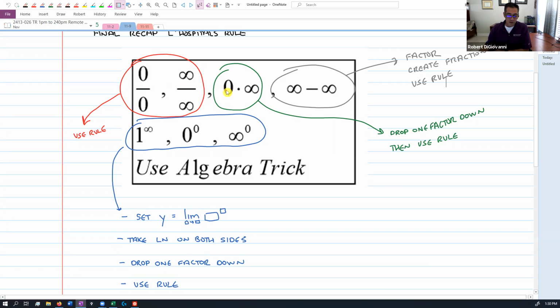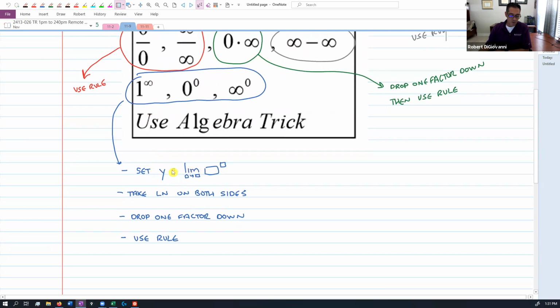Now, if we see 0 times infinity, that's the key to let us know to drop one of the factors down, then we use L'Hopital. Now, if we see 1 to the infinity or 0 to the 0 or infinity to the 0, any of these forms, then it's a little more involved. We have to set the limit equal to y. We do the natural log on both sides.